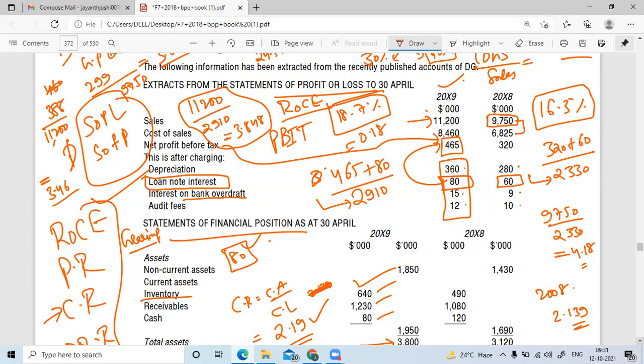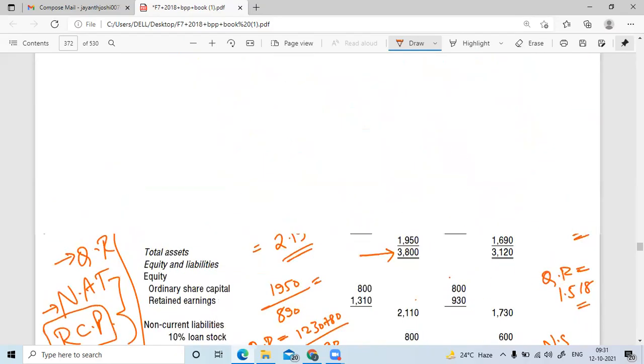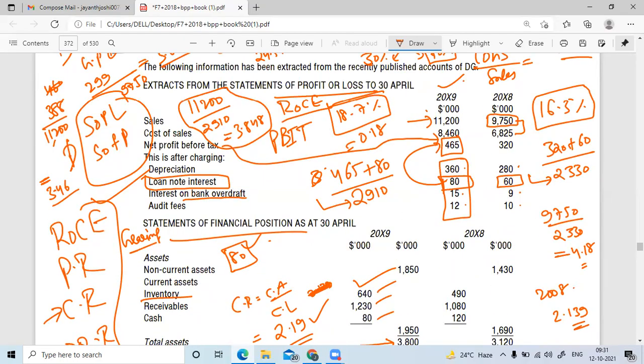Sir, quick question. Loan note interest, is it not expense? No, how it is an expense? You are receiving it. How we are saying it's revenue? Can you explain briefly? Loan note, is there any specific meaning, sir? It's a promissory note? Loan note is a security.